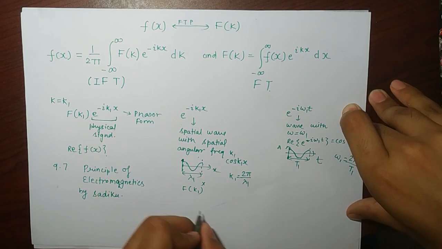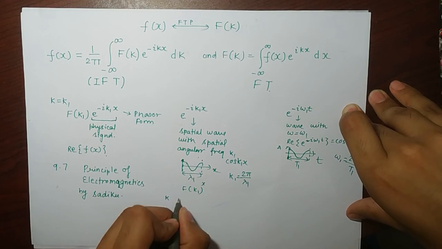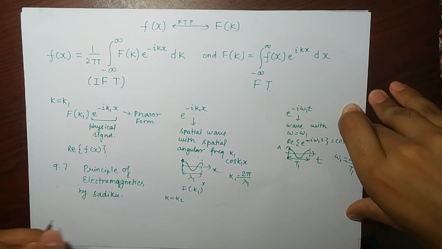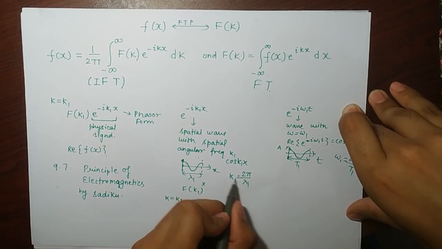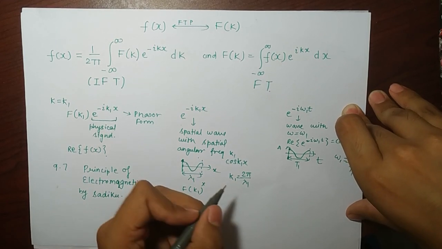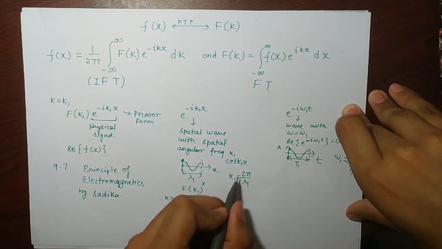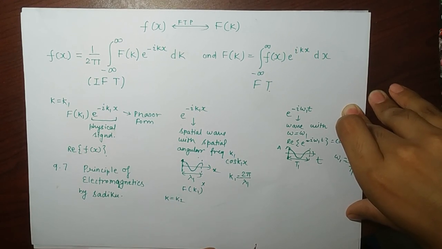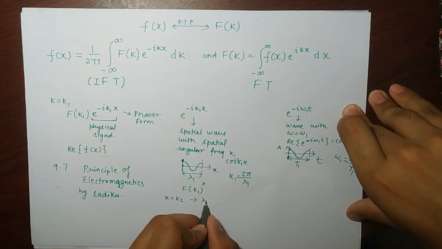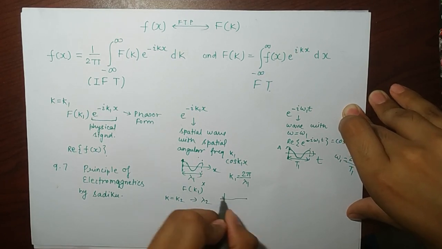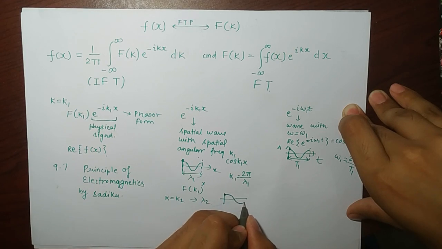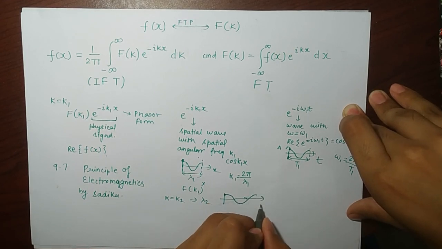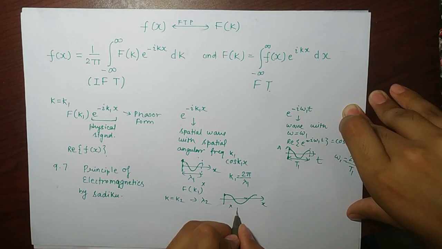So what if I take another value of k, let's say k equals k2? You know that k and lambda are inversely proportional, so when you change k, you will have some lambda2. The lambdas would be different, and this time it would be multiplied by f(k2).